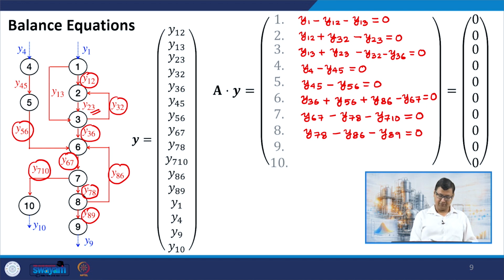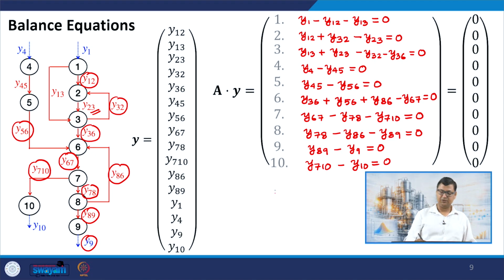And for 9, we have one incoming, y89, and one outgoing, y9. And for 10, similarly, y710 is incoming and y10 is outgoing.